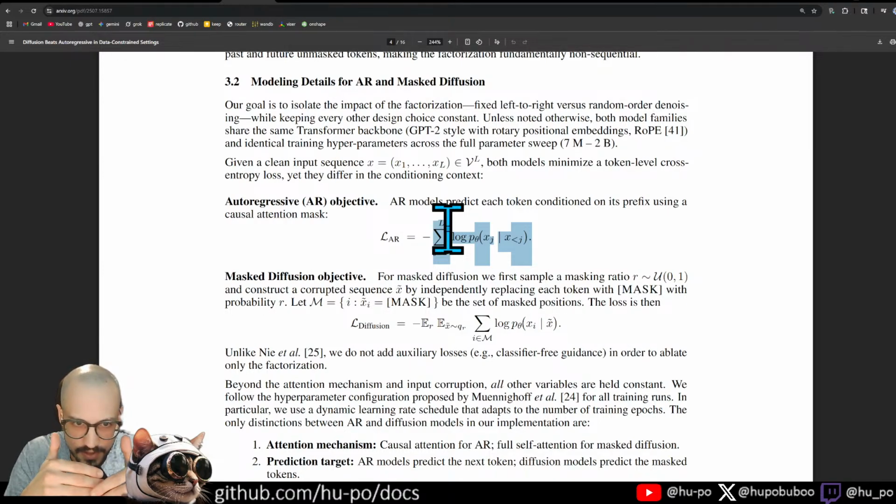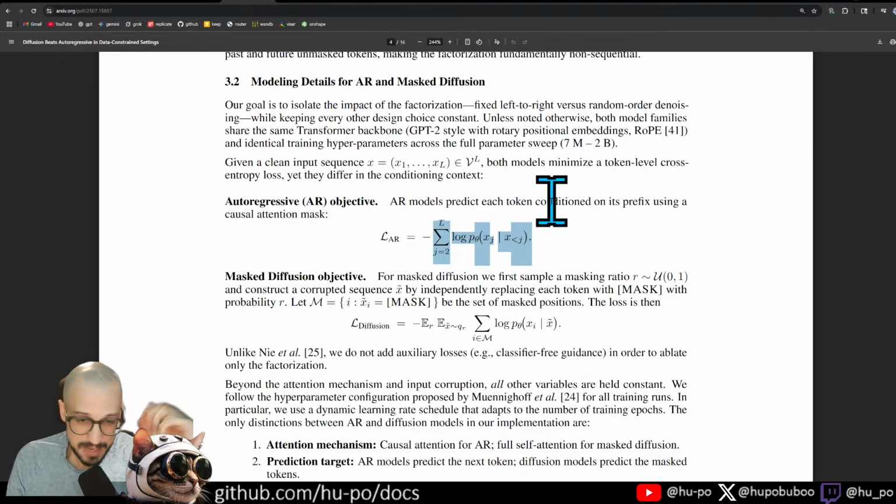So autoregressive is the standard because it just so happens that it's a very good inductive bias for language, which is why we were able to get language models using autoregressive models. But maybe that's starting to flip.